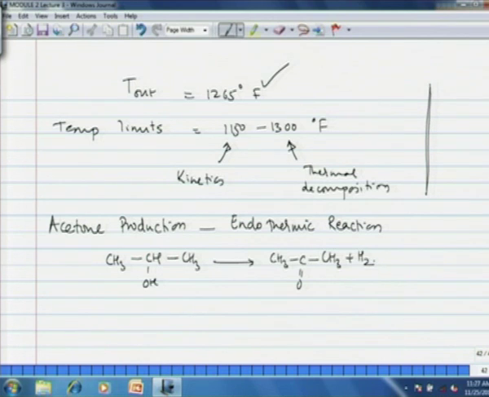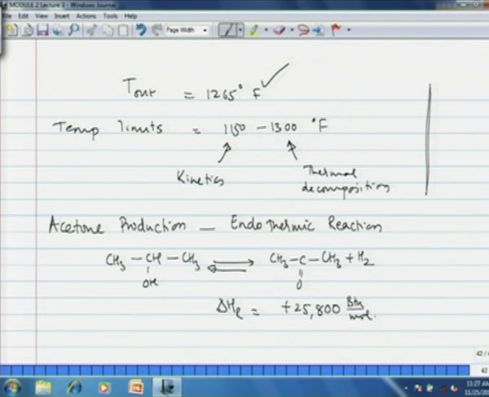And the heat of reaction here is plus 25,800 BTU per mole. Now, this of course is also a reversible reaction.